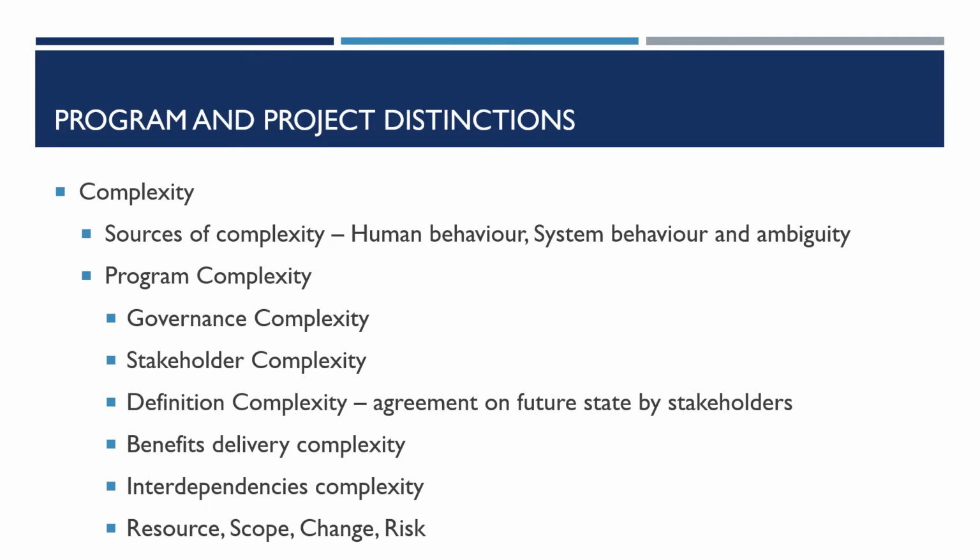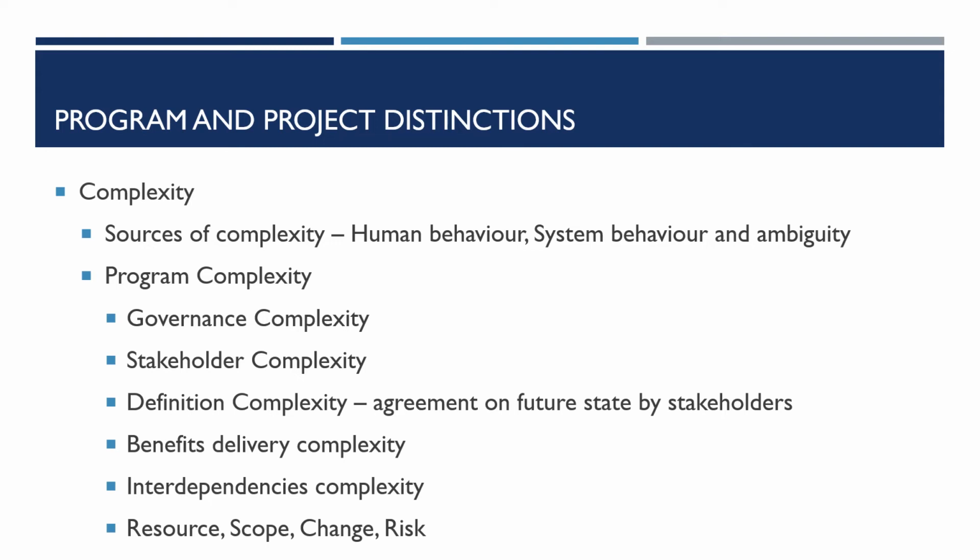The final one is complexity. The sources of complexity are human behavior, system behavior, and ambiguity. Both projects and programs have complexity, but the degree of complexity differs, and the source of complexity differs in program and project.